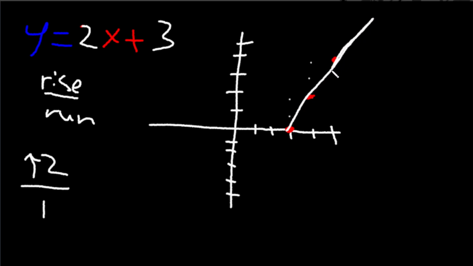So your graph will look something like this. So now let's go to this area. So right here, we just count backwards. 1, 2, 1. So you go to the left 1 because this is below the y-intercept. 1, 2, 1.